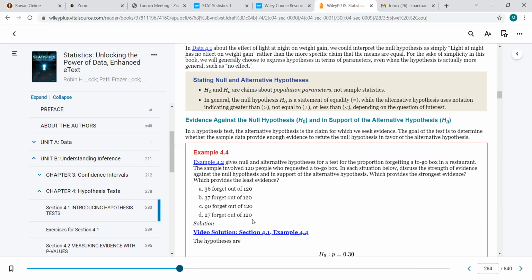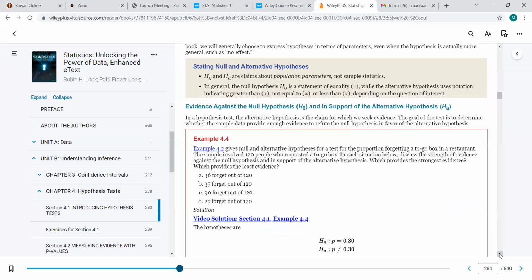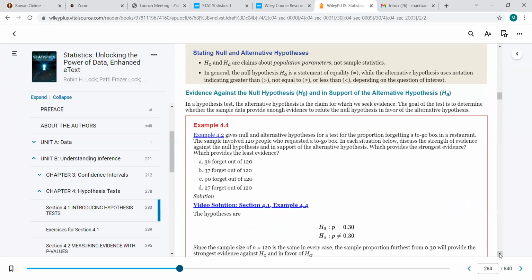Now, the server in the restaurant is claiming about 30%, about 0.3 of them, are forgetting to take the box home. Now, let's take a look at these 4 different samples, and you can unmute and let me know what you think.